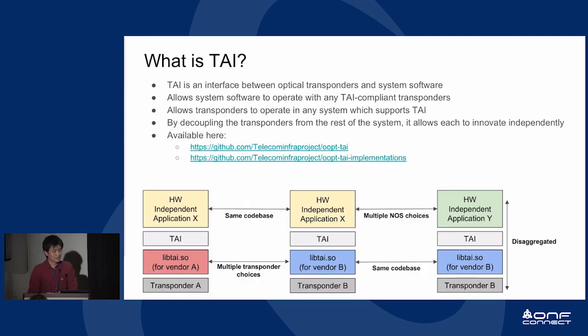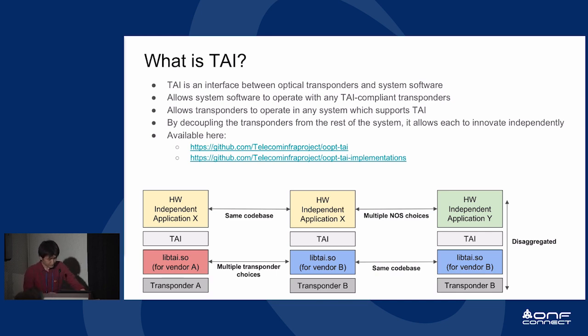And in the Cassini box and DSP chip, the transport abstraction interface is used. The transport abstraction interface is offered by the Telecom Infra Project, and it's called TAI. TAI is an abstraction interface between the optical transponder and its system software. It decouples the transponder hardware and its network operating system, and it achieves software and hardware disaggregation.